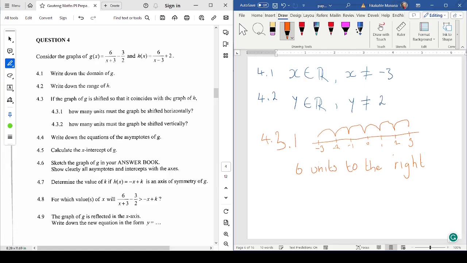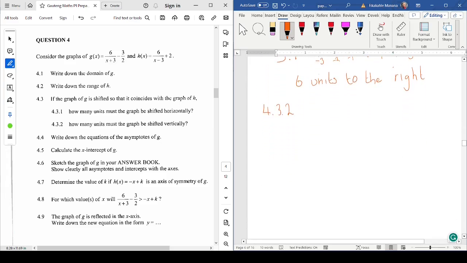Now this was 4.3.1. Let's look at 4.3.2 now. It says how many units must the graph be shifted vertically? Vertically we're looking at the y-axis. So what's happening on the y-axis? G is at negative 3 over 2, which is negative 1.5.